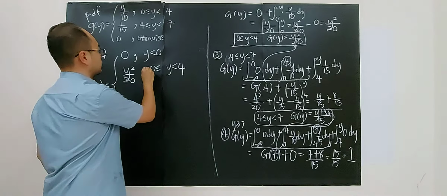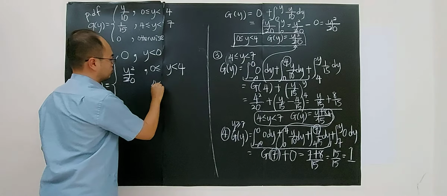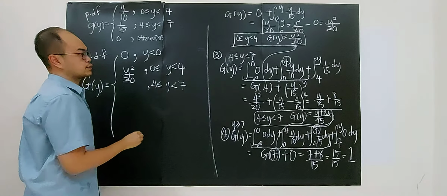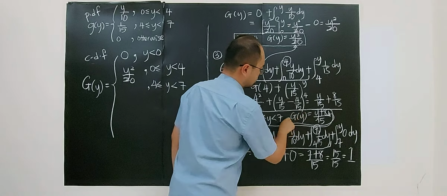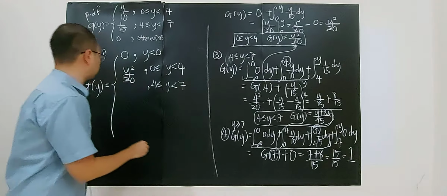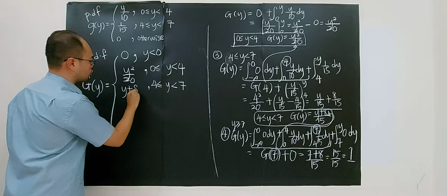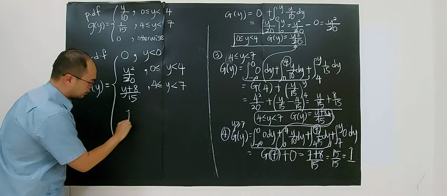And followed by the next interval, 4 until 7. During this time, your cumulative distribution function will be y plus 8 over 15, all right? Finally, it should be 1, must be 1.